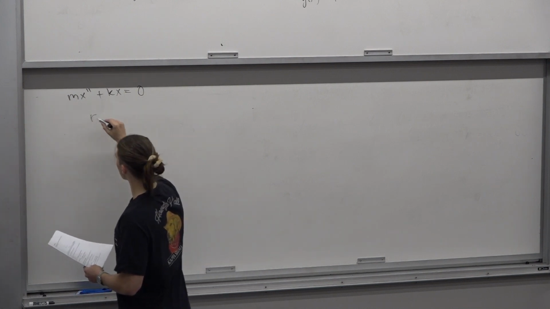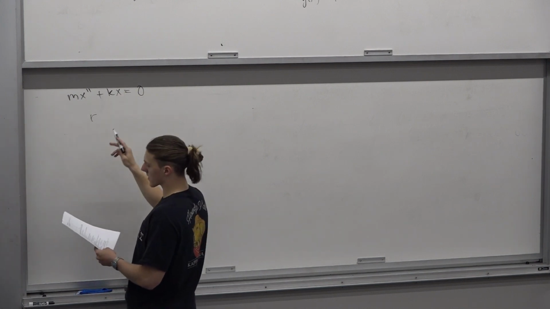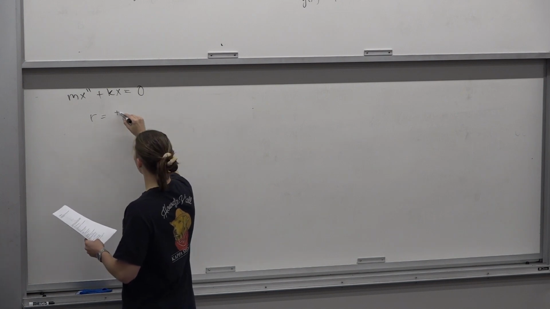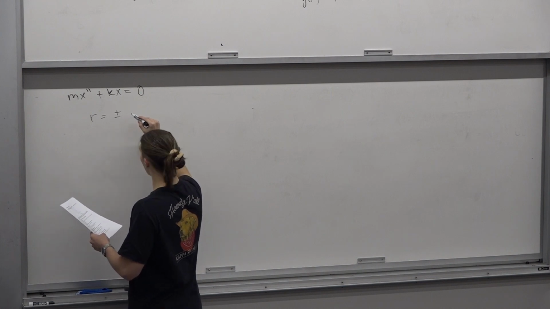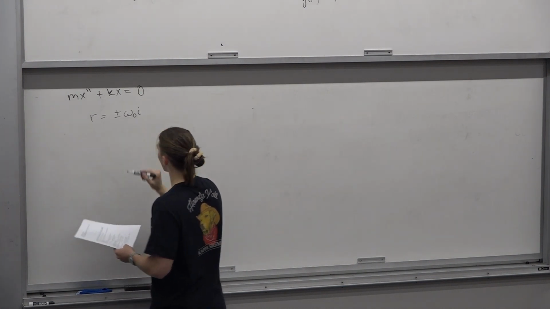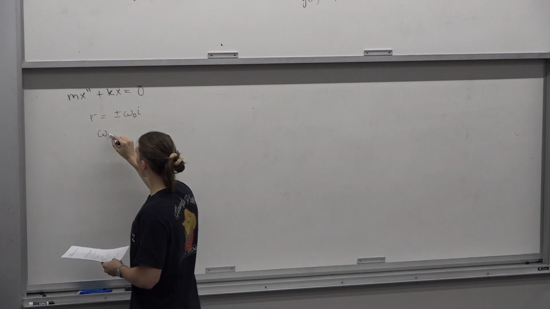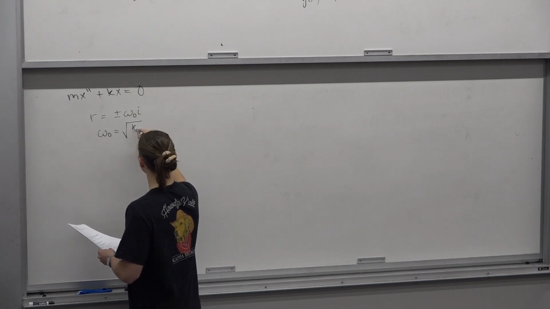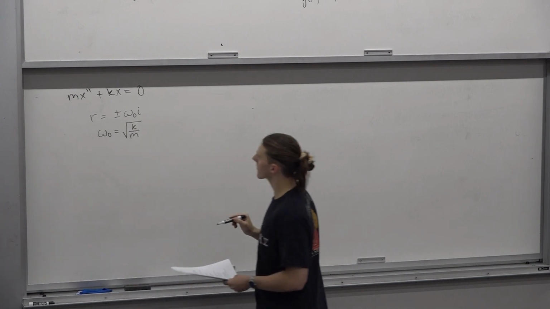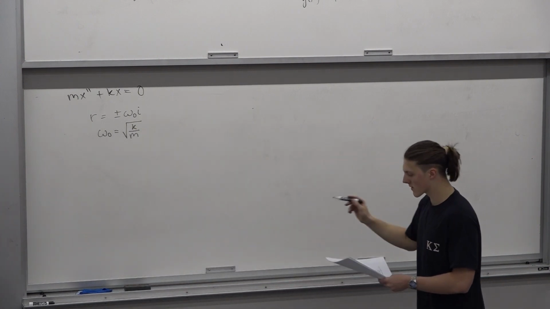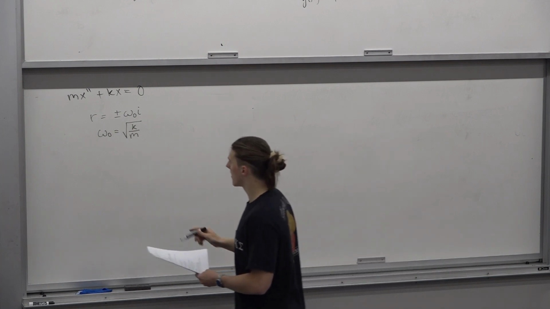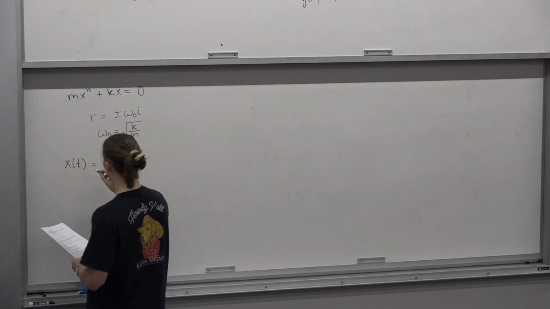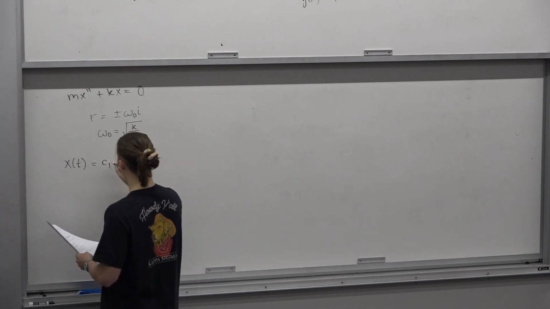You can do it yourself, set up the characteristic equation, but shorthand, the solution is as follows, where this omega naught is the square root of k over m. So that's your solution for it. And since this is complex, we have the following solution.